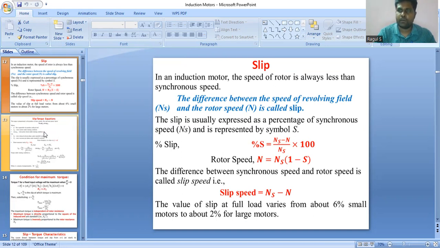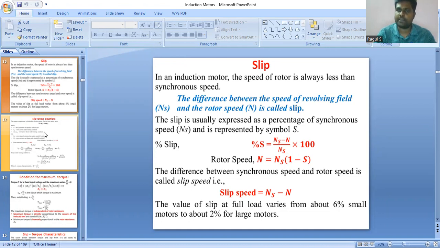We all know how to calculate the synchronous speed: Ns equal to 120 F by P. P is the number of poles and F is the frequency. Here the frequency and the poles are constant, yet some AC motors do not achieve the synchronous speed.